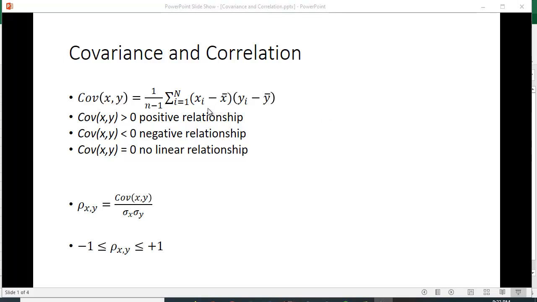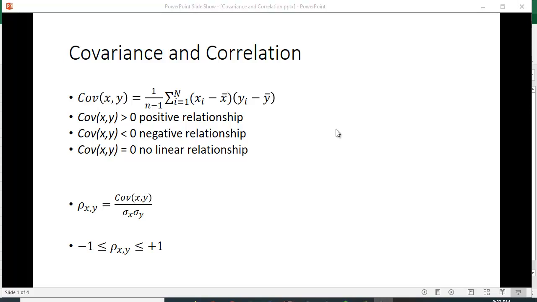If most of the time when x is doing poorly, it's below its average, y is also doing poorly and is below its average, you get a negative times a negative, which also gives you a positive number. That's the case where you're going to get a positive covariance, which means they have a positive relationship. They tend to move up and down together.